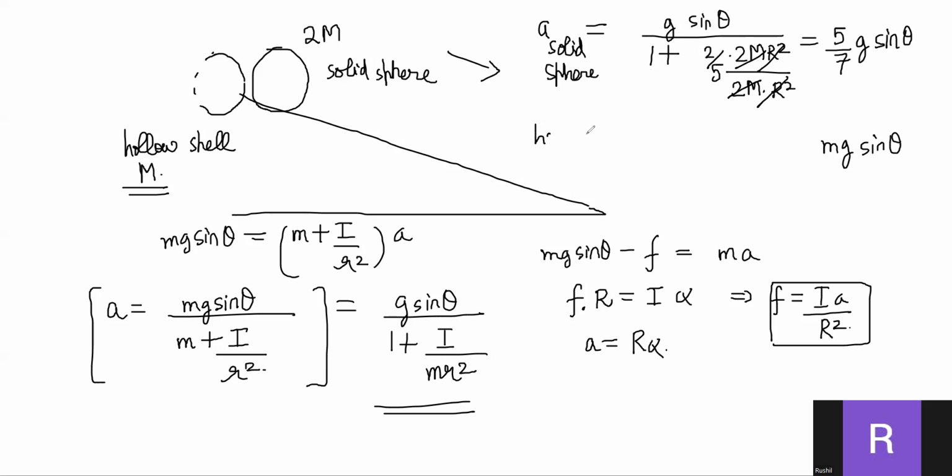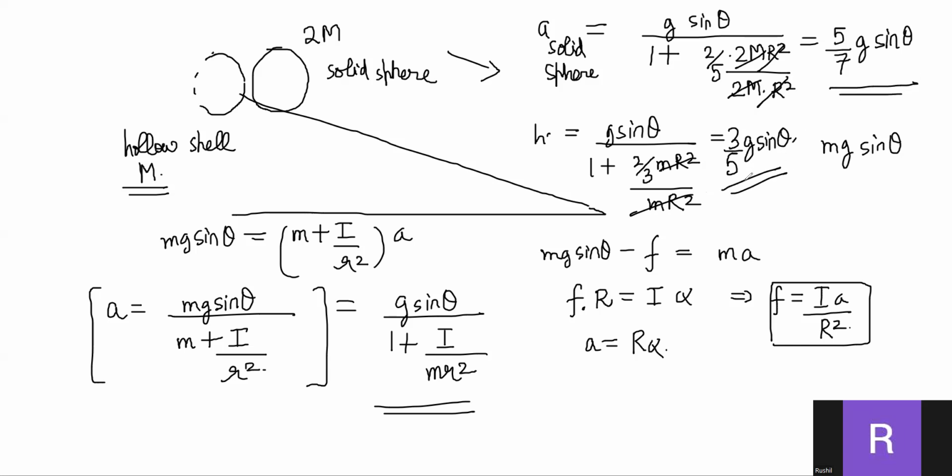For hollow shell, we'll get g sine theta by 1 plus 2 by 3, which becomes 5 by 3, so 3 by 5. 5 by 7 is bigger than 3 by 5. Acceleration of solid sphere is more than hollow sphere. So the solid sphere will reach first.